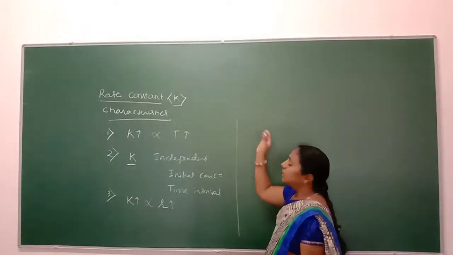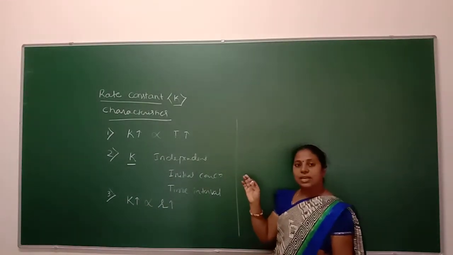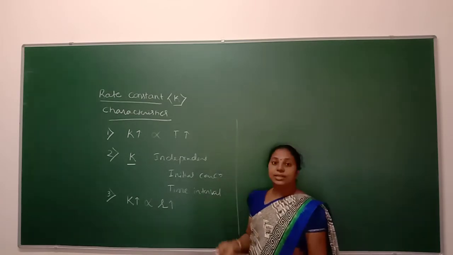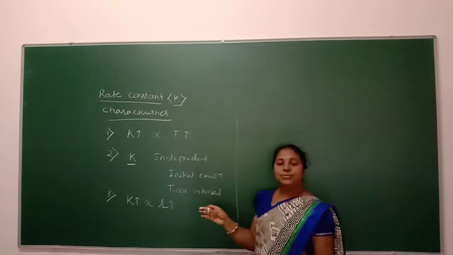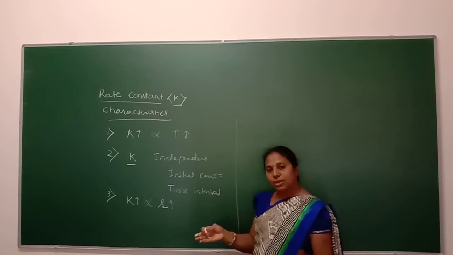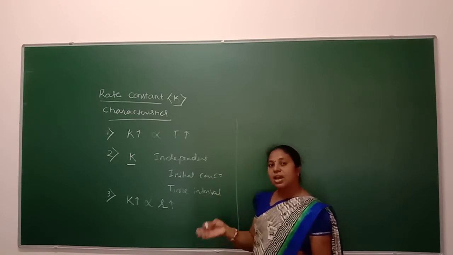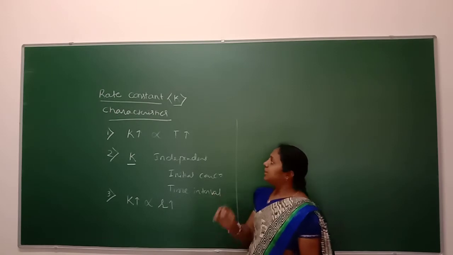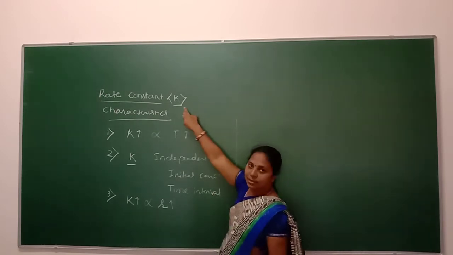Again, if the unit of rate constant is known, we can classify the reactions into different orders. It may be either a zero order reaction, or a first order reaction, or a second order reaction. That depends upon the unit of rate constant.